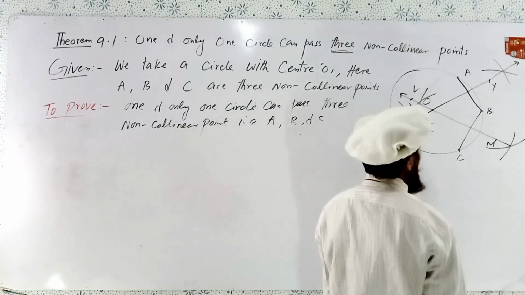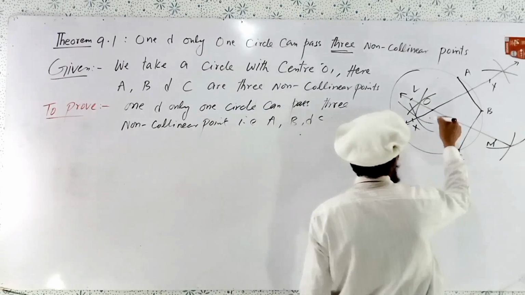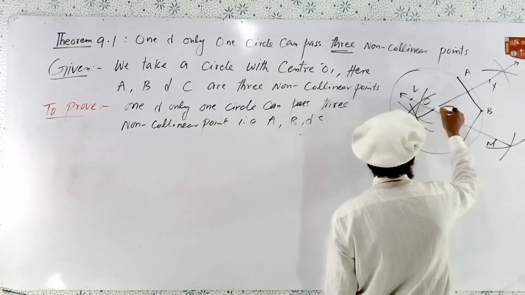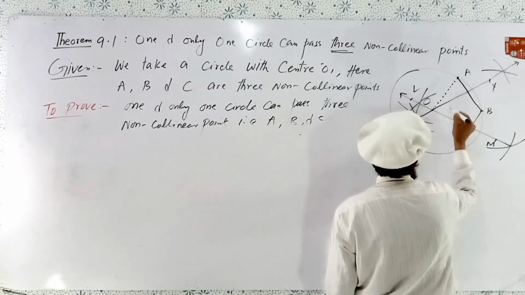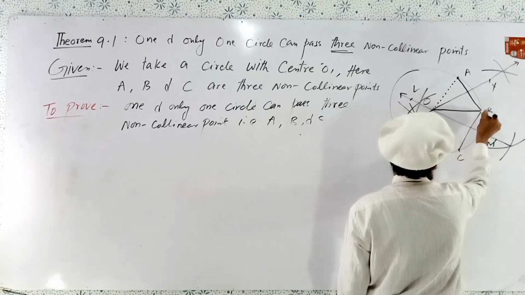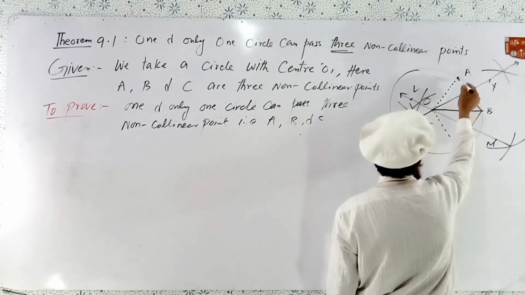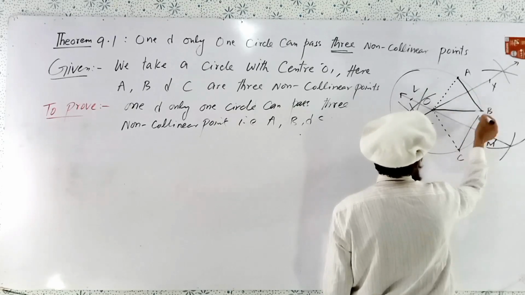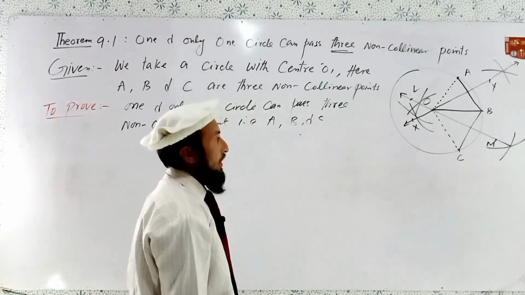These are the two chords AB and BC joined. These are the constructions we require. And OA, OB and OC are the radii of the circle.